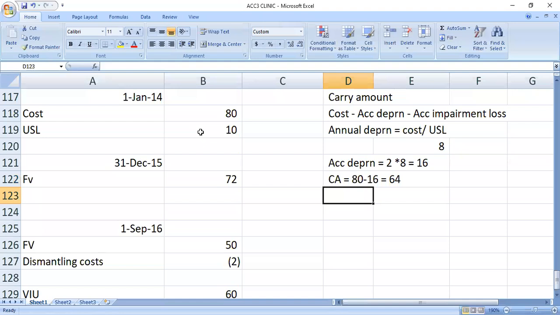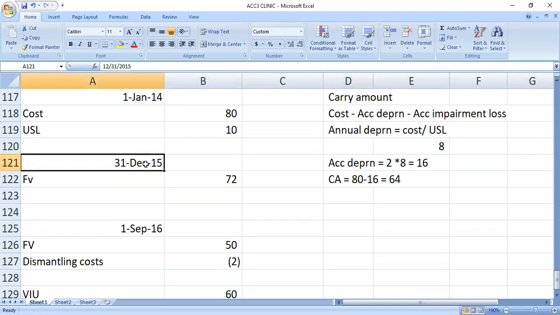But we have a revaluation. We already discussed the revaluation model. I hope I'm not being fast in any way or making you guys get lost. Once you do revaluation on 31st December 2015, you're supposed to know your carrying amount and the fair value.